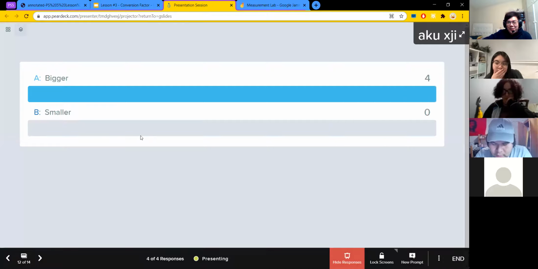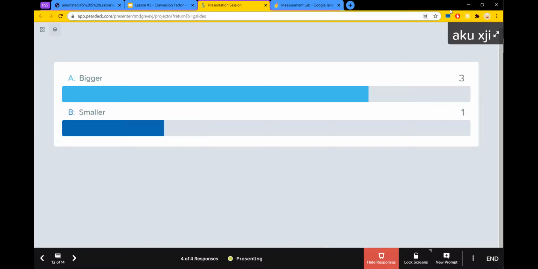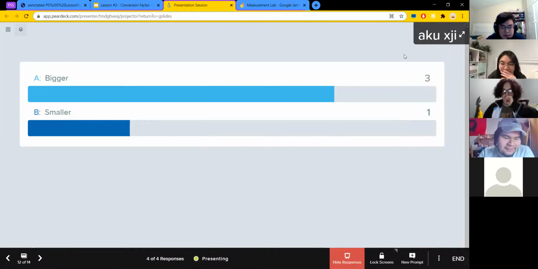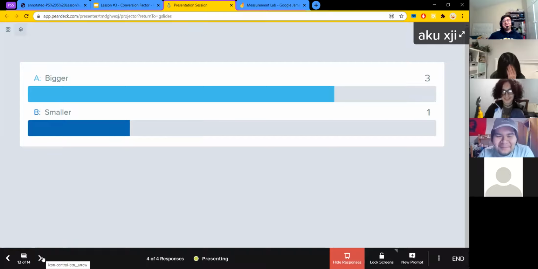Bigger, smaller. I wonder if I can see who actually answered what. I know there's a way to do that. They're gonna expose us. It wasn't me. All right, so three people think it's bigger. One person thinks it's smaller. Okay, so we'll talk about why that is. Okay, 4 people think it's bigger. Who's doing this?